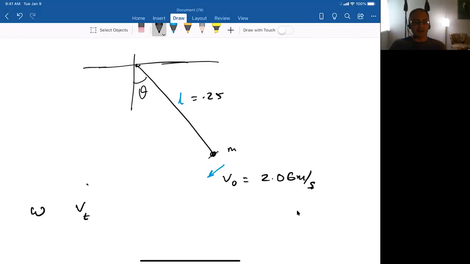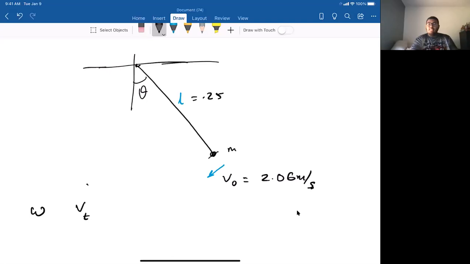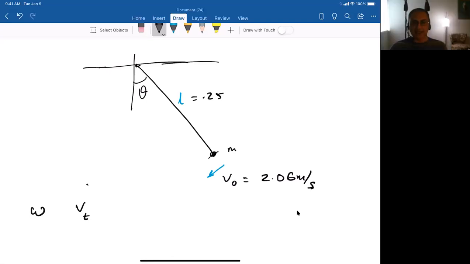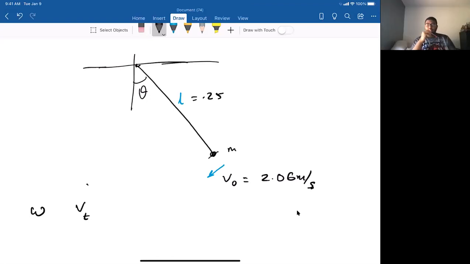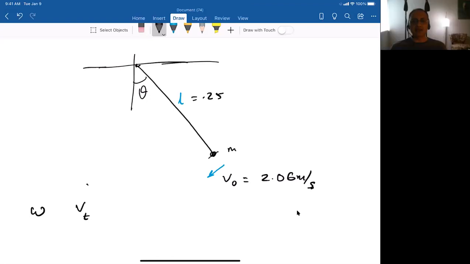Does anybody want to give that a try? So how would I find either of these, any one of these two? Don't they already give you the velocity and the tangential? Yes, exactly. So this 2.06 meters per second is nothing but the tangential velocity of the bob. That makes sense? So that is already given. So this Vt is simply 2.06 meters per second.